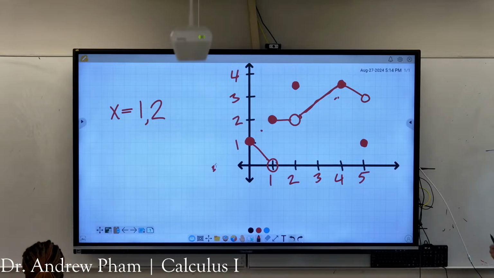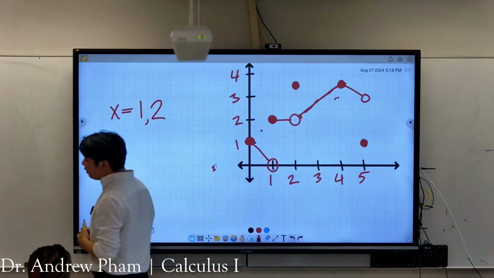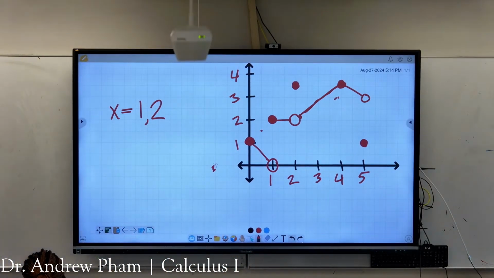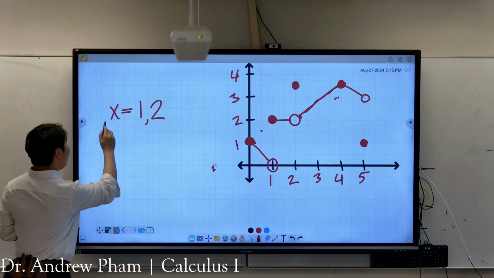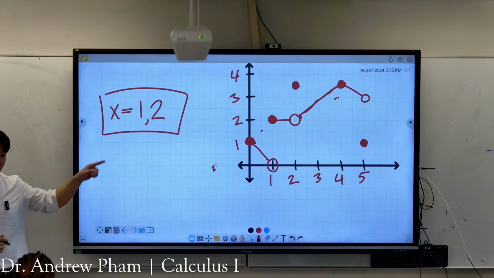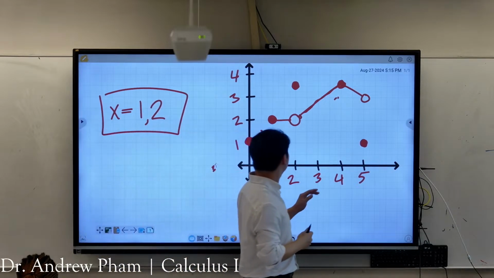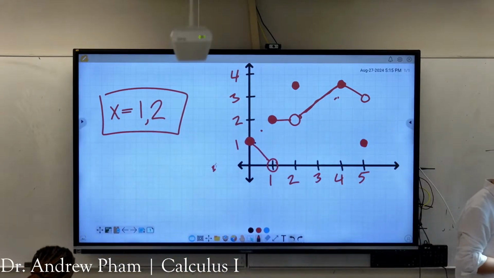So even though there is a discontinuity at 5, I'm not going to include it because I only wanted the ones between 0 and 4. So what I'm going to say here is I am not continuous when x is 1 and when x is equal to 2. Yes. We have to be careful about our instructions here.